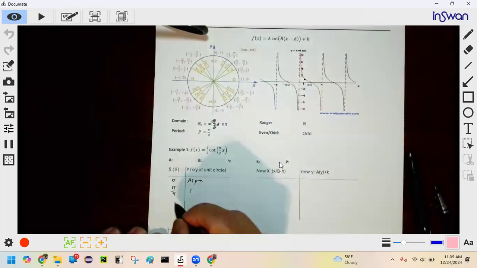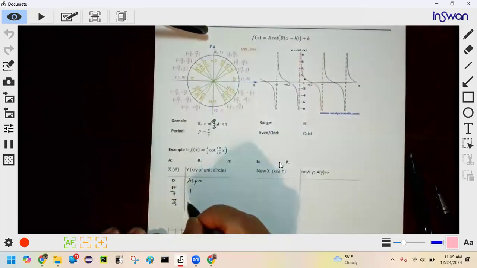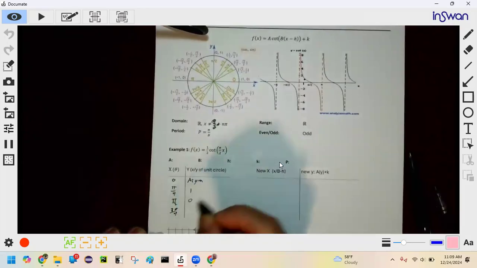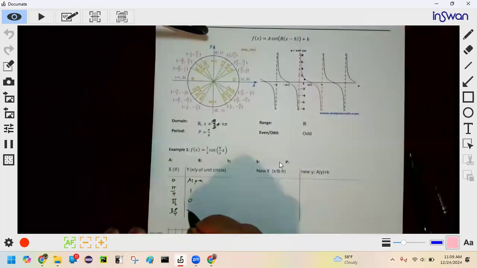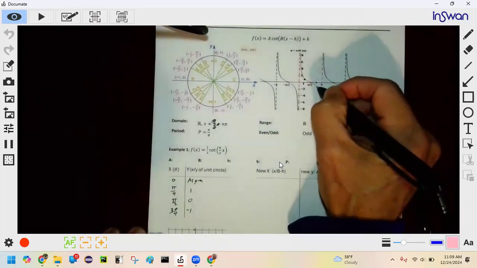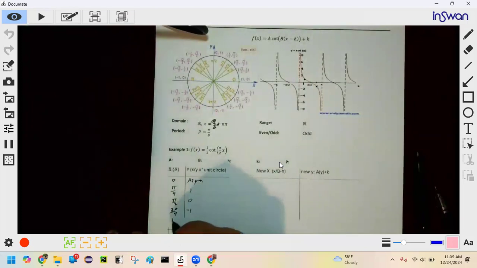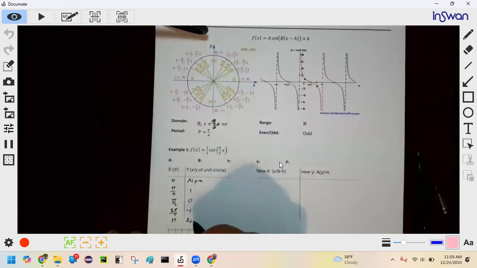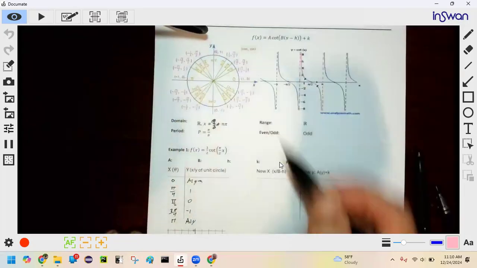Pi over 2. 0 divided by 1 is 0. 3 pi over 4. That's going to be negative root 2 over 2 over root 2 over 2, negative 1. That's sitting right here at negative 1. And then finally, pi, that's going to be an asymptote again, because again, that's undefined. 1 divided by 0 is undefined.